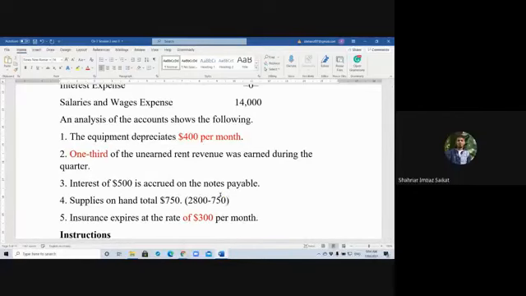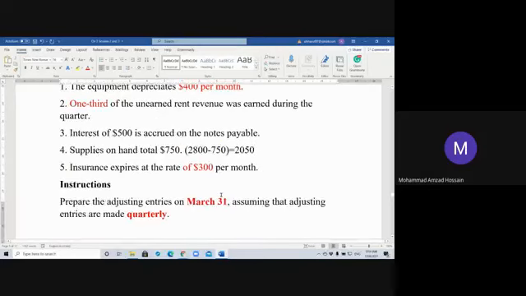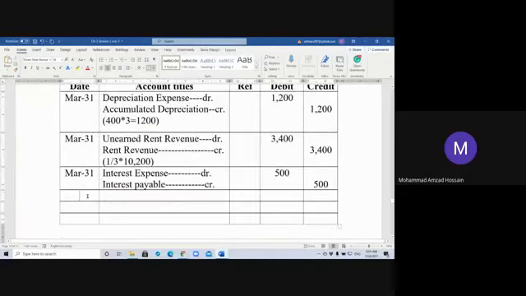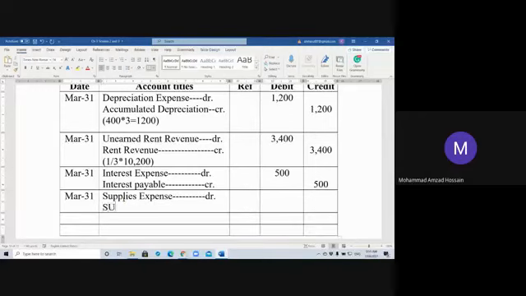So what will be the amount? 2050. Okay. So supplies on hand March 31st: supplies expense debit, supplies credit.